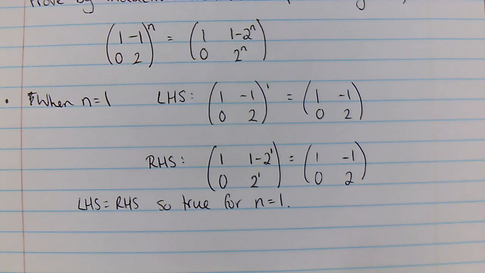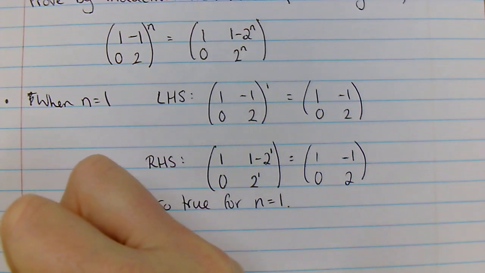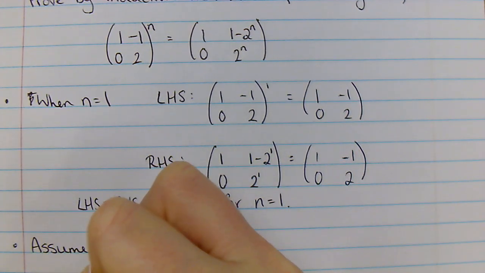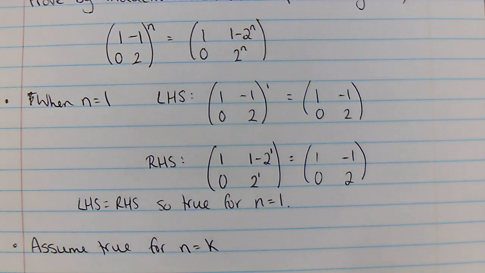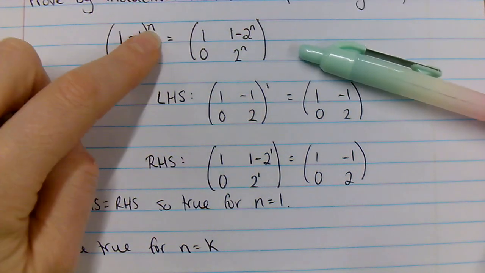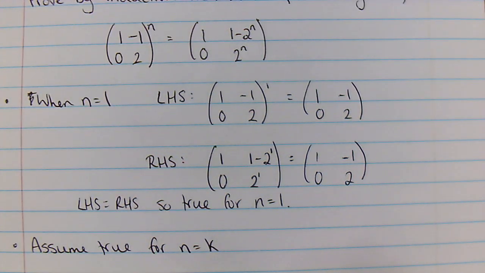So then, the second step is always the same. Assume true for n equals k. And so, coming back to our question, we're just going to replace all the n's with k's.